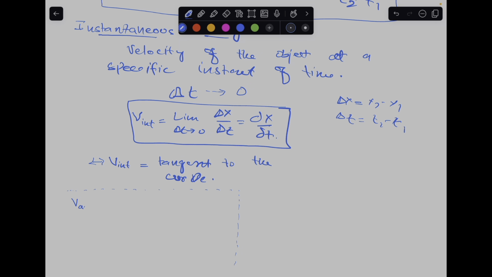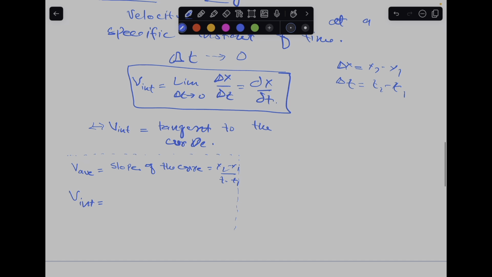We can find average velocity by taking the slope of the curve, which is nothing but x2 minus x1 over t2 minus t1, and we can find instantaneous velocity at every moment in time, at a specific instant, just by taking the tangent to the curve, and it's dx by dt.